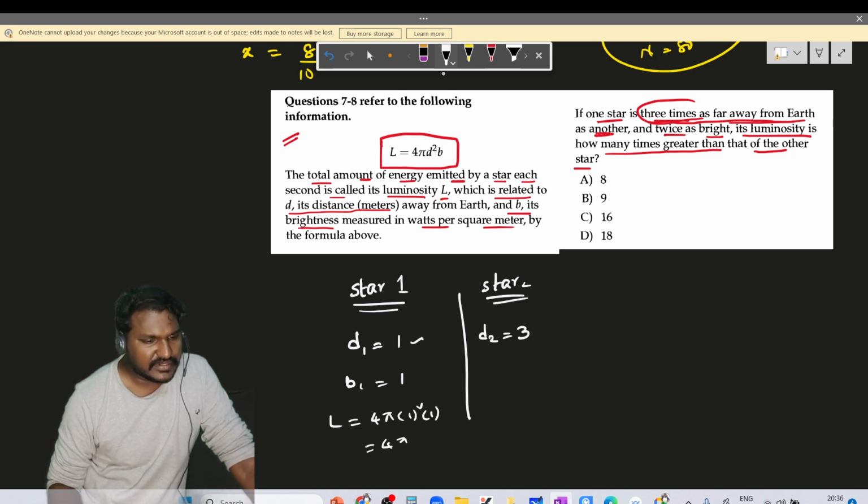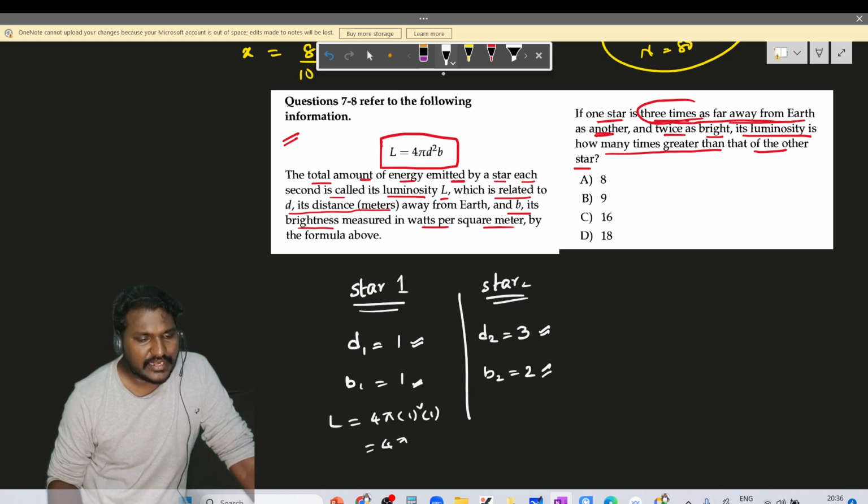If this distance is 1, this distance will be 3. And twice as bright: if b1 is 1, b2 will be 2.